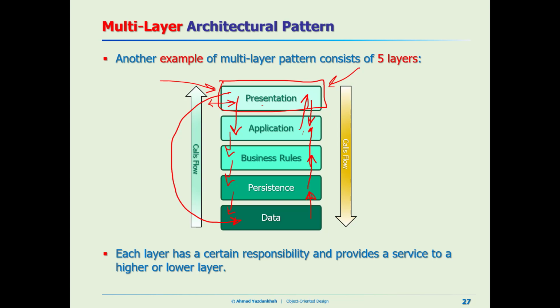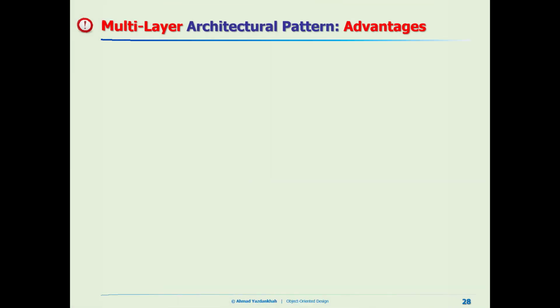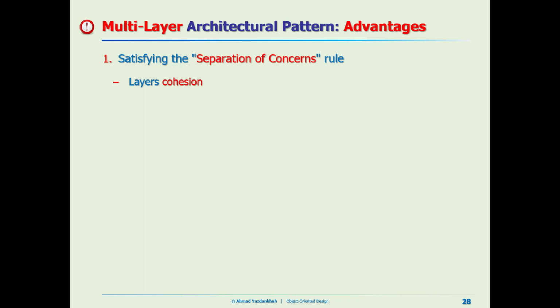Now let's summarize the advantages of using the multi-layer architectural pattern. First of all, since we are separating the layers and each layer has its own responsibility, we are following the separation of concerns rule, which is very important in software engineering.